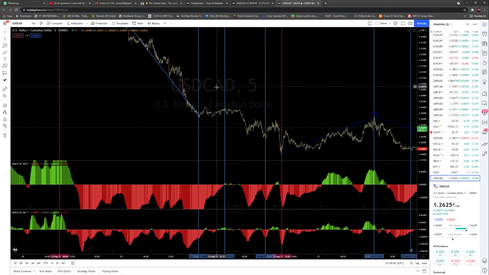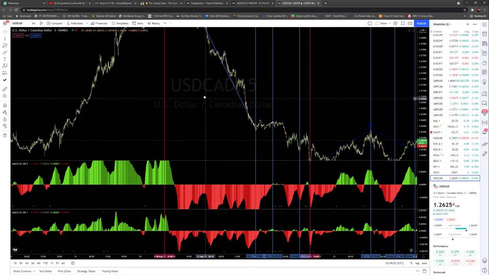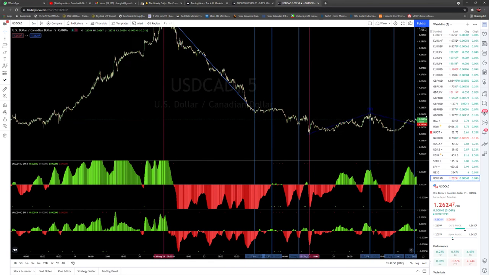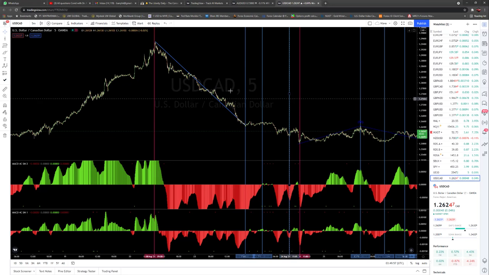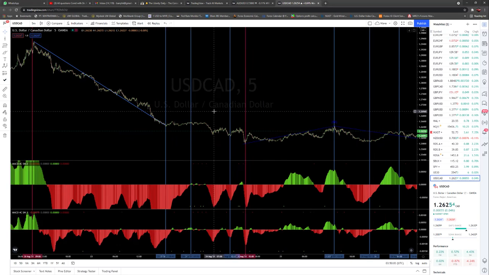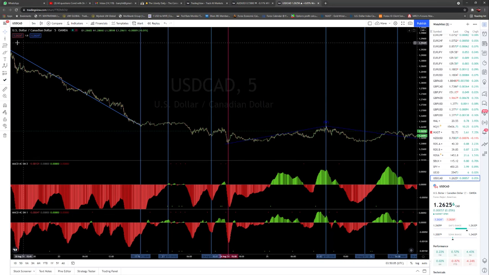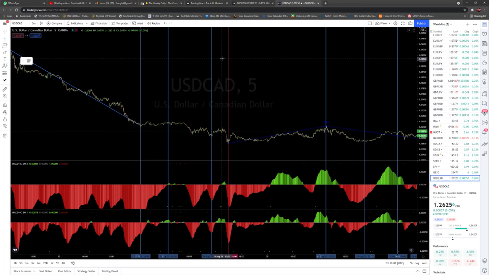How many pieces do we have now between these two red? 1, 2, 3, 4. Okay, this piece. We have another piece here, because red crossed 2. So this is the highest point.